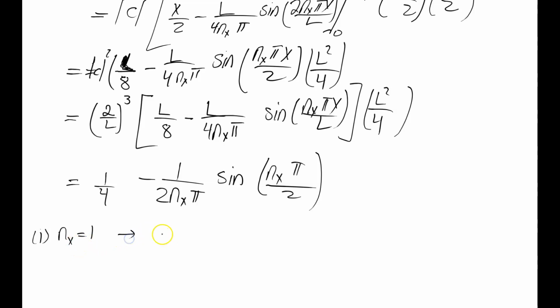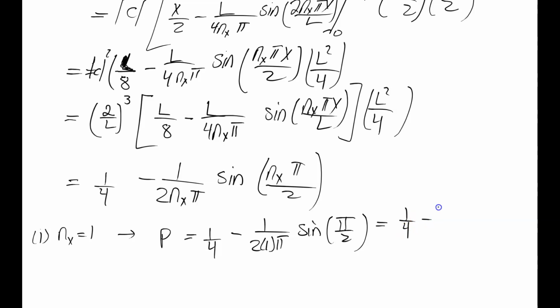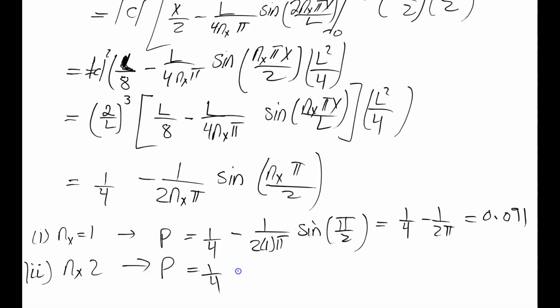That means that P is going to equal 1/4 minus 1 over 2 times 1 pi times sine of pi over 2, which is 1/4 minus 1 over 2 pi, or 0.019.